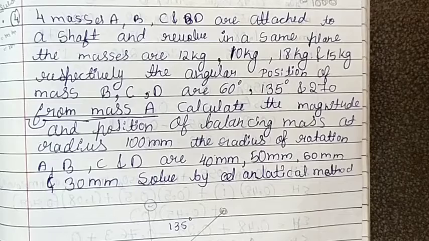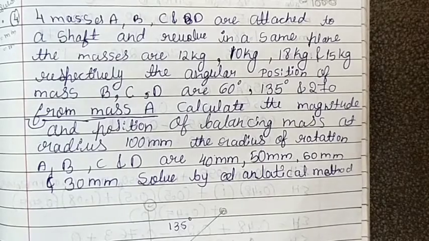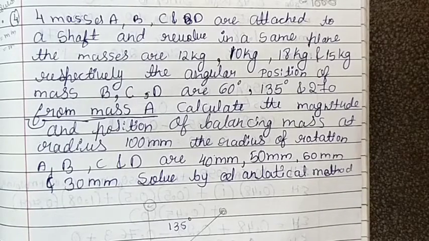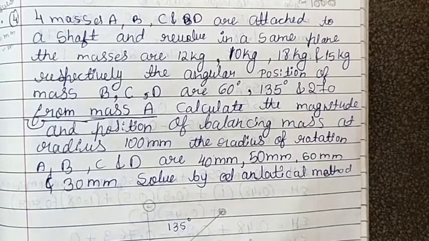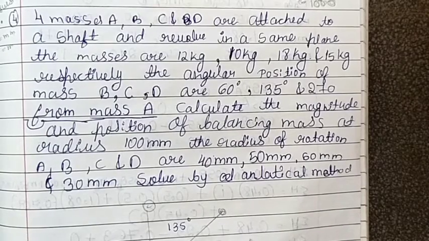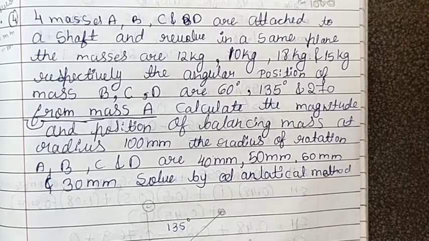The angular positions of masses B, C, D are 60 degree, 135 degree and 270 degree from mass A. In the previous problem the angles were given in between the masses, then you were adding.